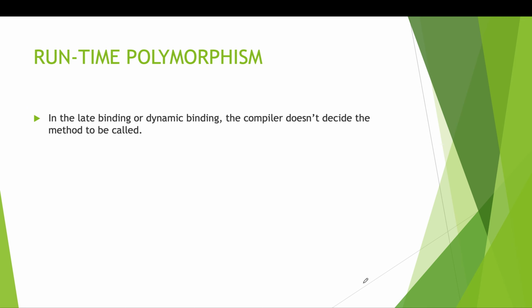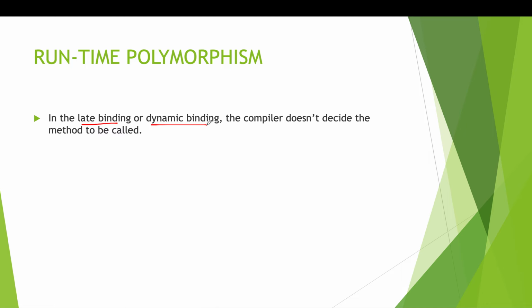Now we'll come to the next topic, that is runtime polymorphism. We have some time left, so let's start with this topic. We have already seen two types of compile time polymorphism. Now we are going to look into runtime polymorphism. We have already discussed that runtime polymorphism is late binding, also called dynamic binding.